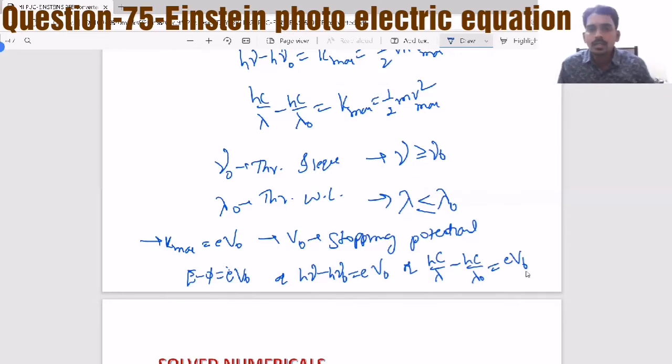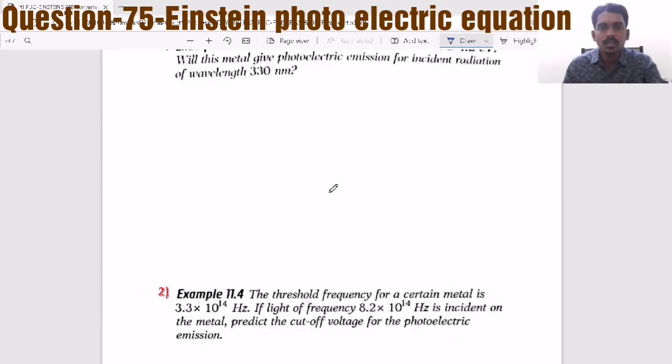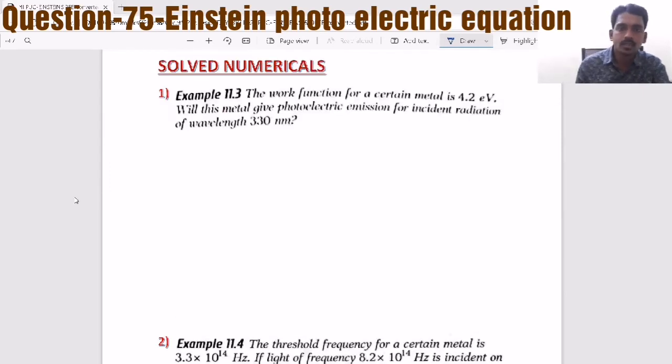So one equation, different forms. You have to understand which equation to use in a particular question; most of the time it depends on the calculation part. Now let's see a few examples based on this equation. Just understand the question and collect the data.